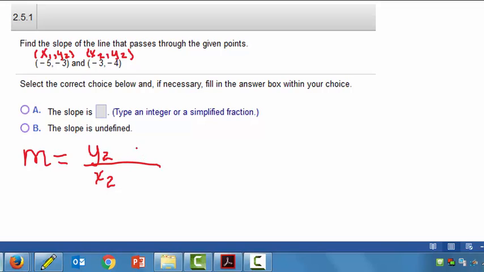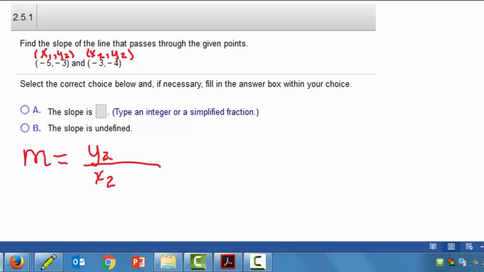the denominator. So, remember that the rise, which is the difference in y values, must come first, or in the numerator, and the change in x, the difference between the x-coordinates of the 2 points, is the run, and that goes in the denominator.